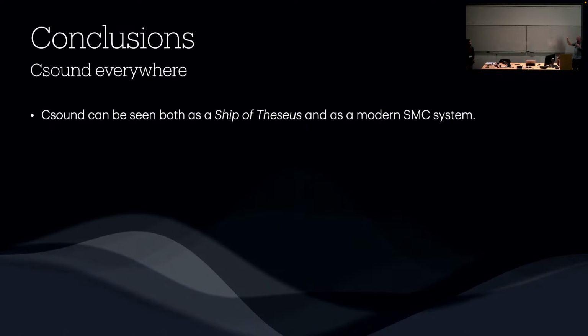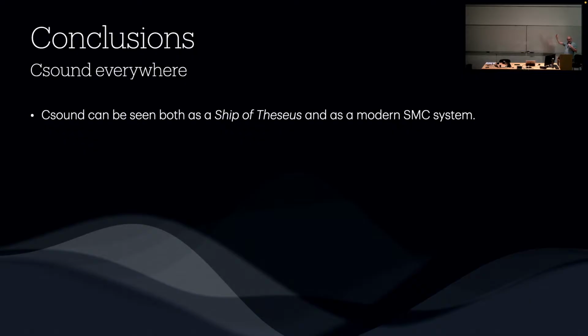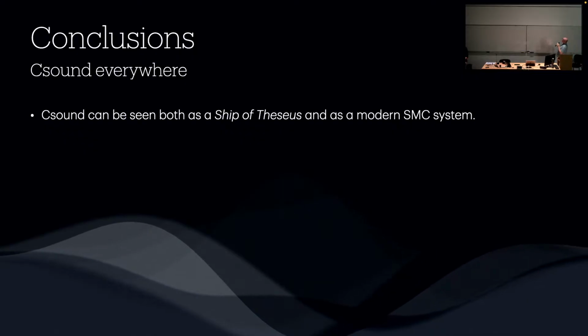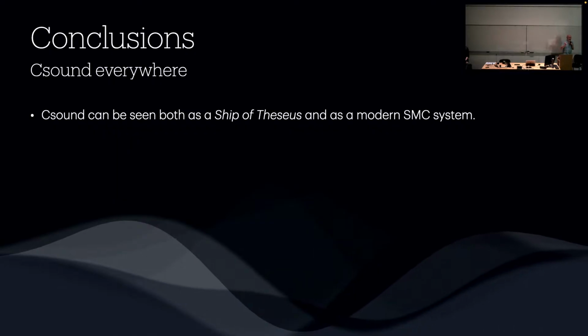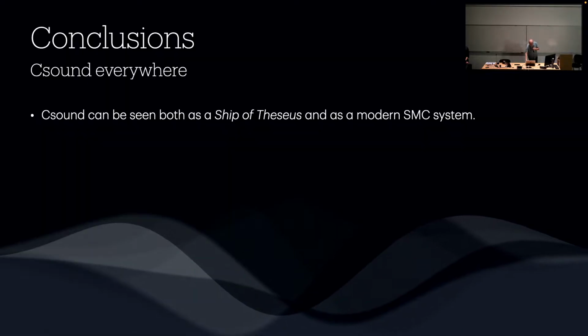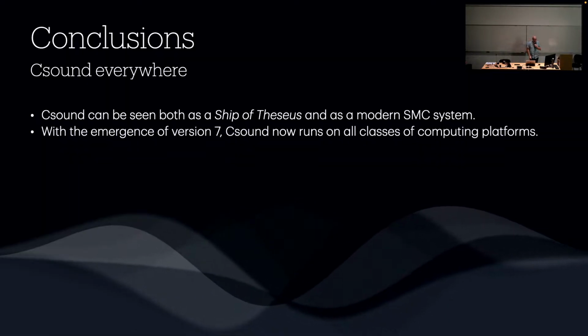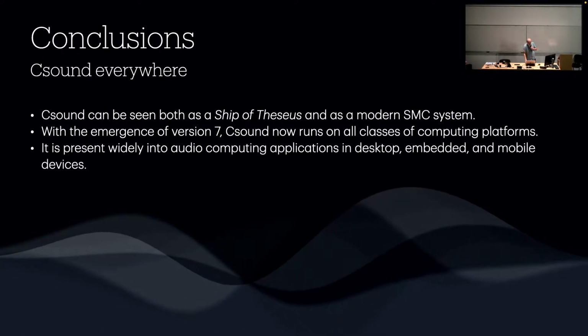Very few lines of code survive. So everything has been replaced, but it can still be the same software. But it is a modern sound and music computing system, and that's what we did with Csound 5 way back 20 years ago. And then with the emergence of Csound 7, we run basically on all classes of computing platforms.